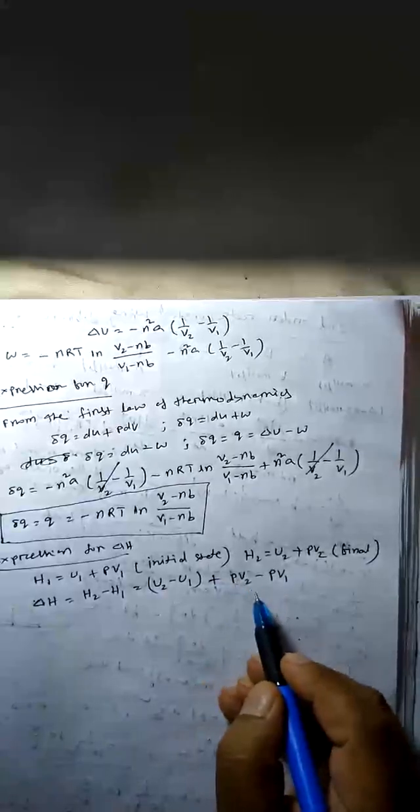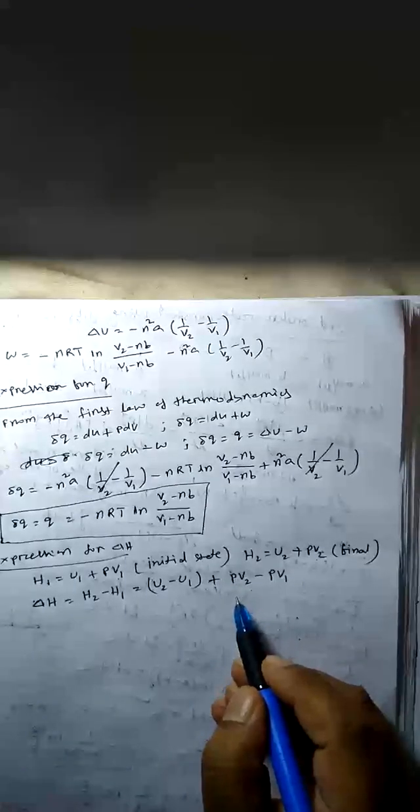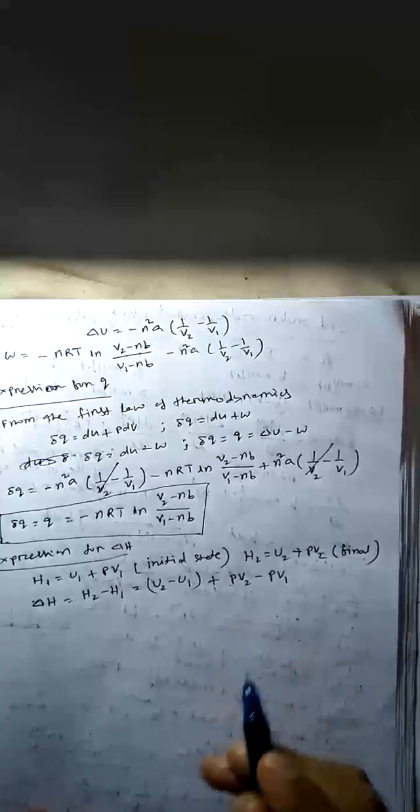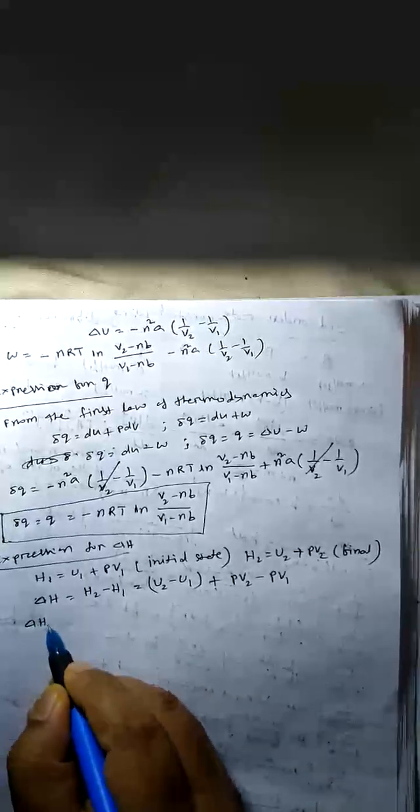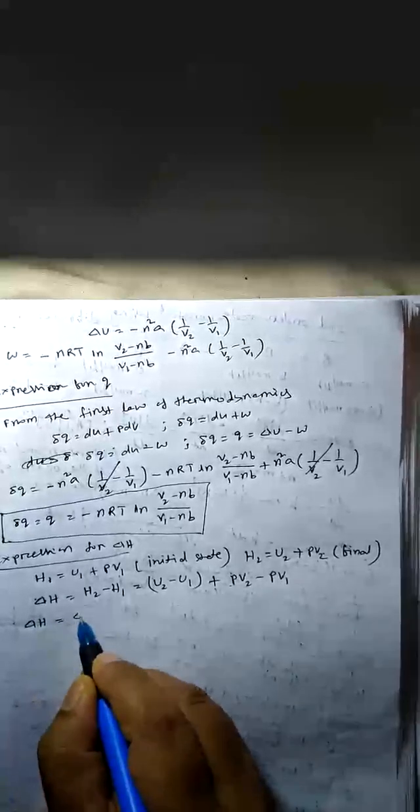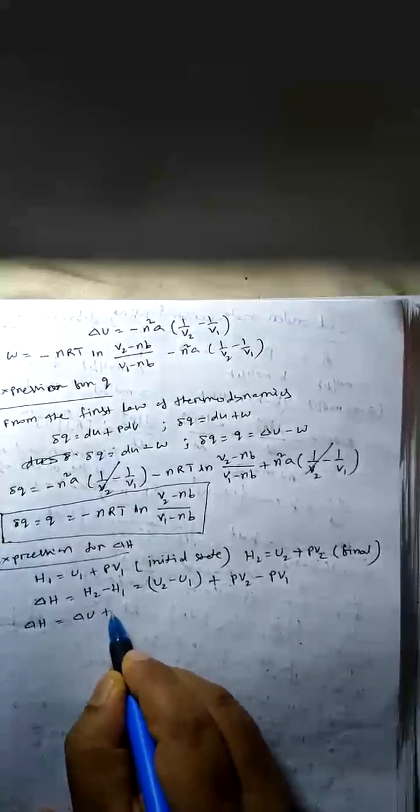Do not take P common. If you take P common, nothing is wrong, but we have to put the P value from the van der Waals equation here. So H2 minus H1 is nothing but delta H. This is nothing but delta U, but this is PV2 minus PV1.